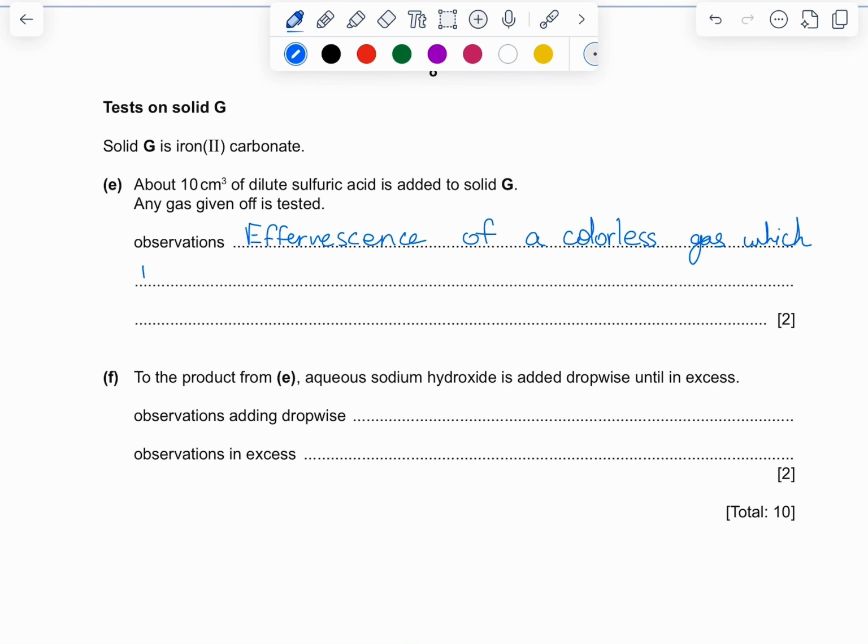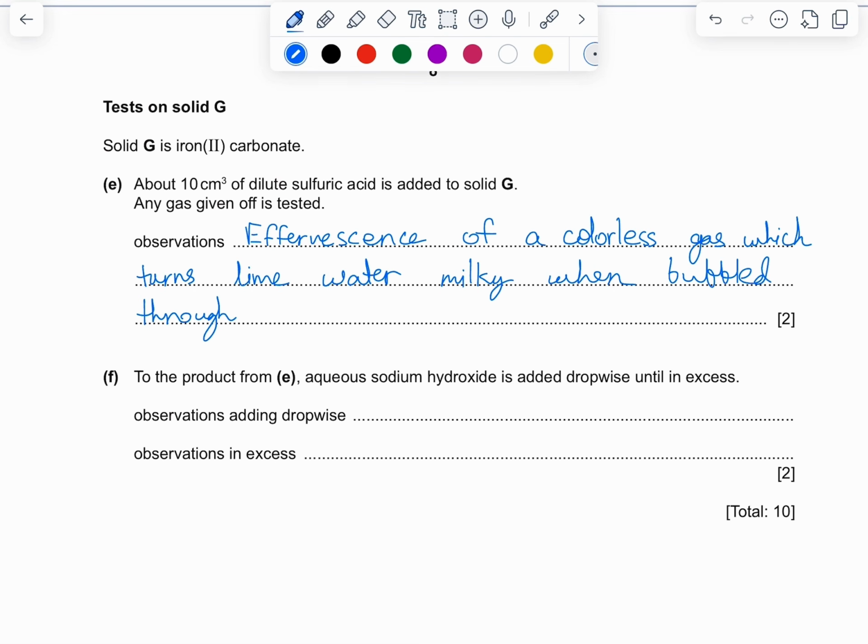Effervescence of a colorless gas which turns lime water milky when bubbled through it, full stop.